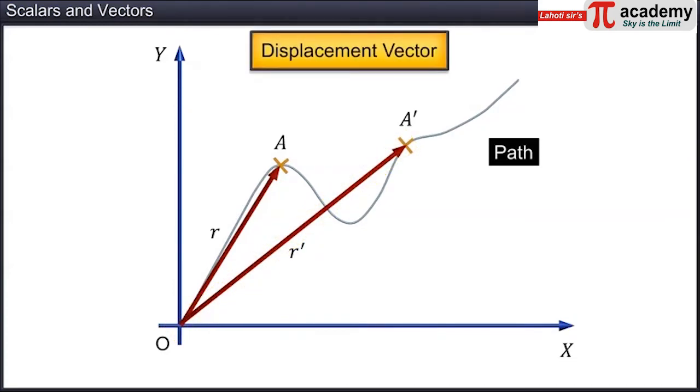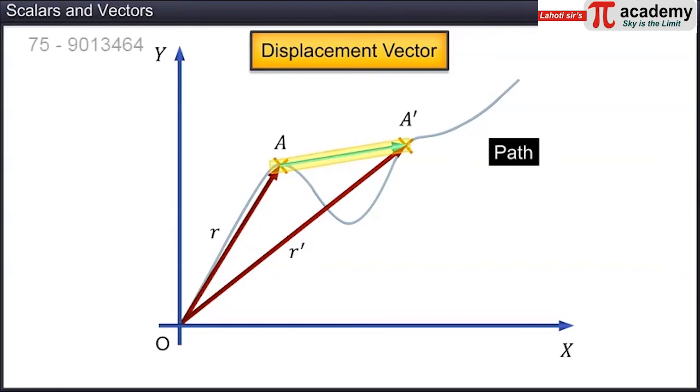Let us move on to a displacement vector. Consider the object moving from A to A'. The displacement vector for this motion is obtained as follows. Join the points A and A' with a straight line. Represent an arrowhead at A'.